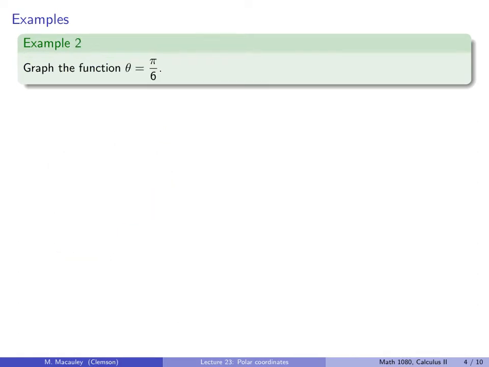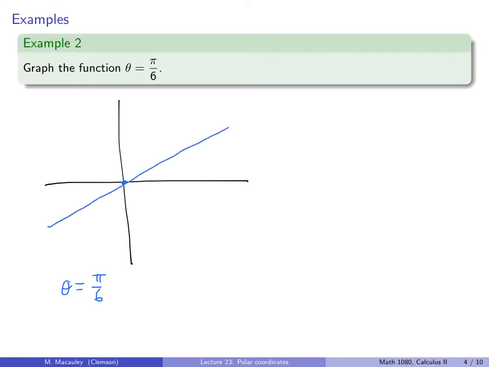So another example. What are the constant functions of theta? So graph the following function. Let me draw the xy coordinates just again for reference. So I am looking at theta equals pi over 6. So now I am looking at all points whose angle with the origin is pi over 6. So that's going to be a line of angle pi over 6.